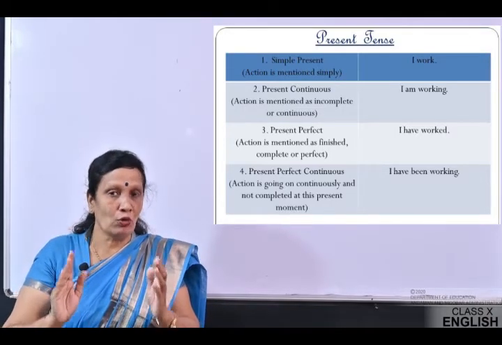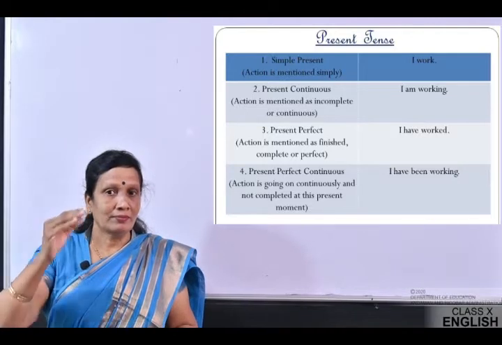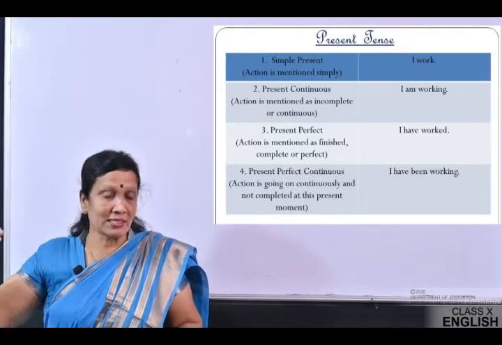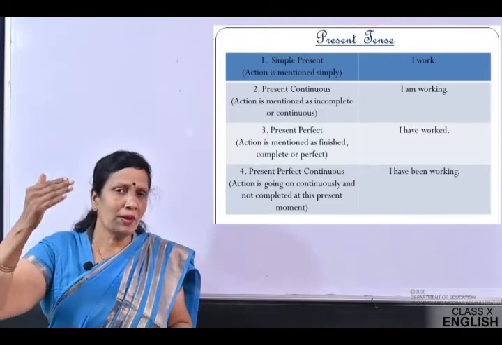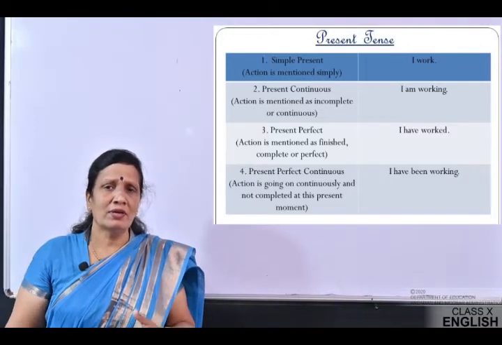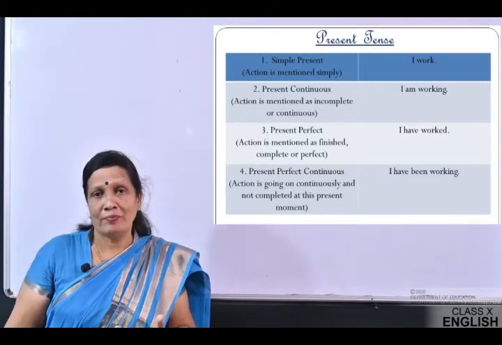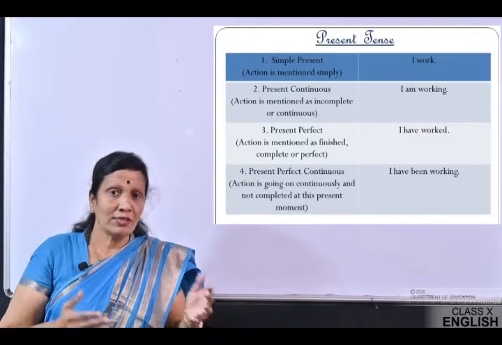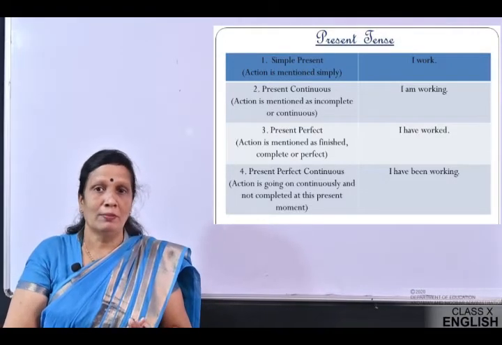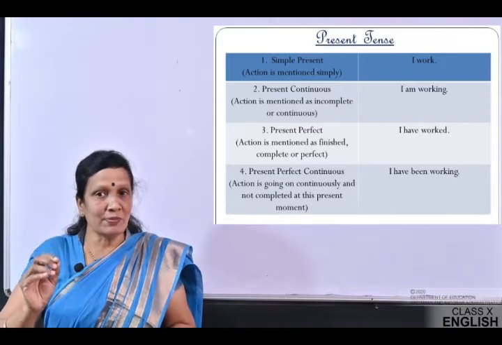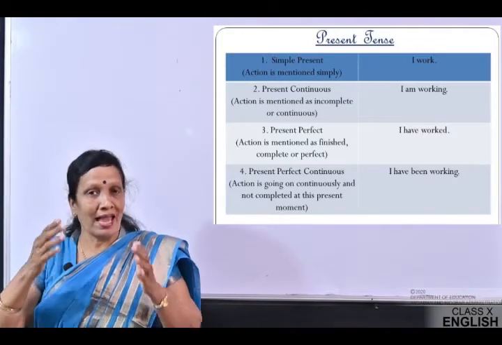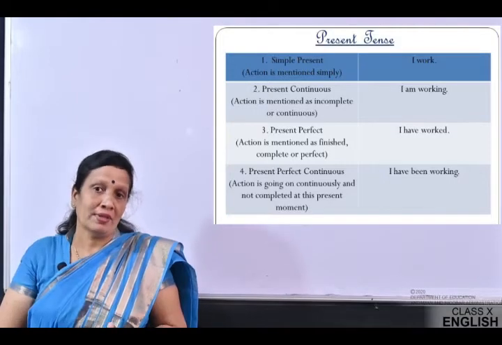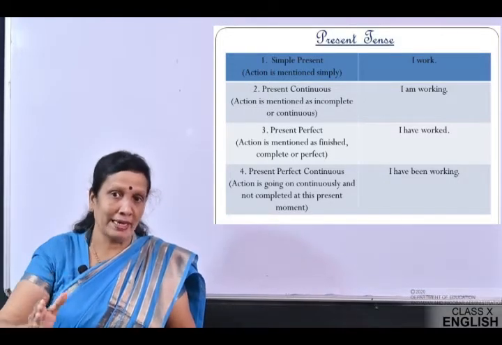Children, please note, we are talking of present continuous. I work was a simple present tense. I work, I dance, I talk, I eat. The first form of the verb. Now continuous means my work is going on, my action is continuing, I am working.